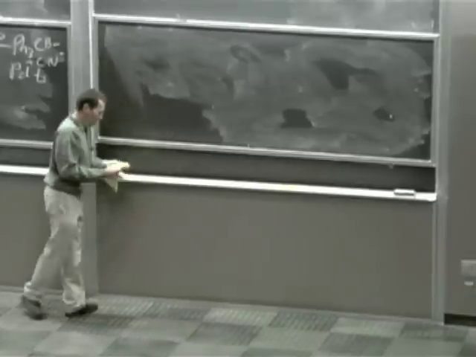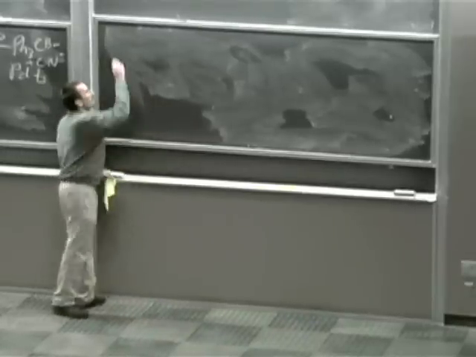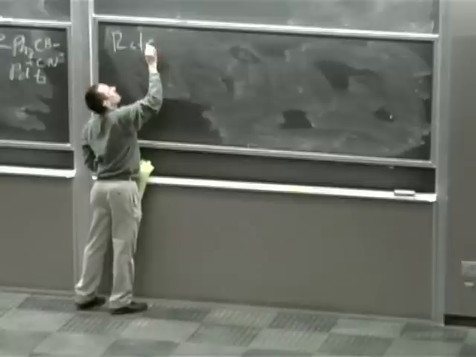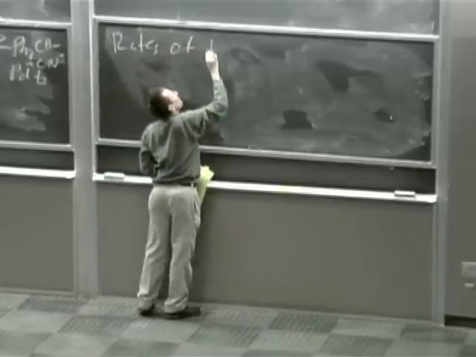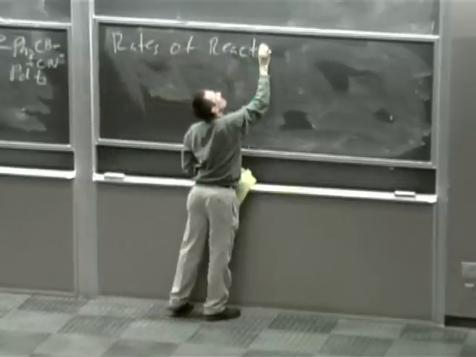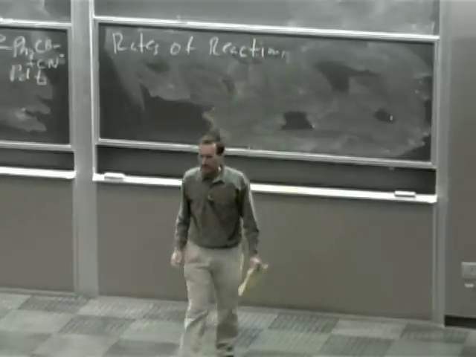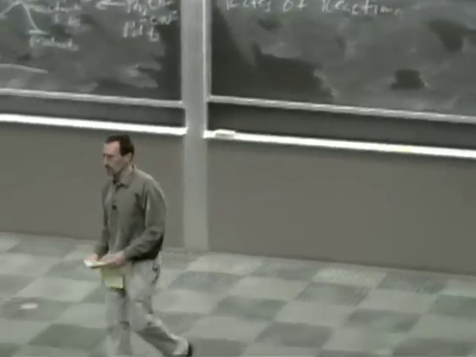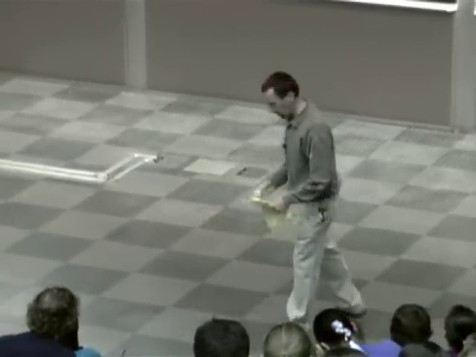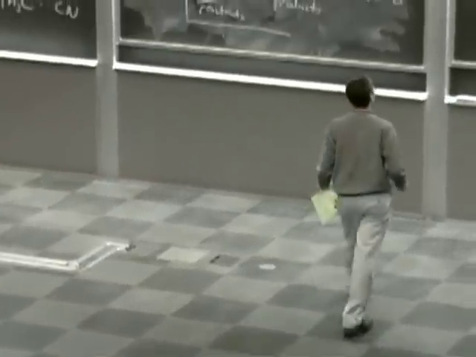All right. Rates of reactions. And just as we've done, we'll take some ideas that you've seen in general chemistry, and we'll just put a little bit of an organic flavor on them. We'll just apply the ideas that you learned in general chemistry to the organic chemical reactions that you're looking at.